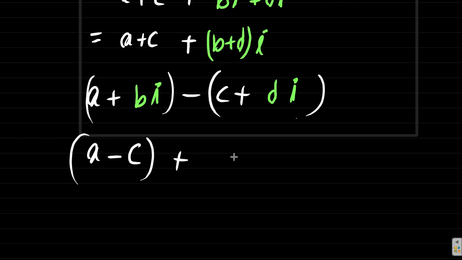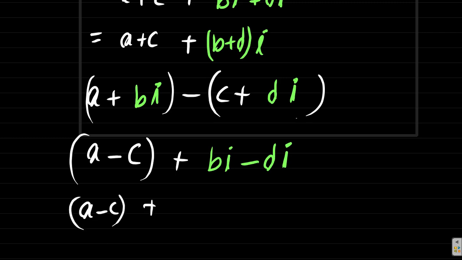Then we say plus, even though we're subtracting, we say plus. Then bi minus di. So it's going to be a minus c plus then the imaginary part, so we factorize, b minus d. B minus d may be positive or it may be negative, right? So we have a number minus another number, but that's what we have.